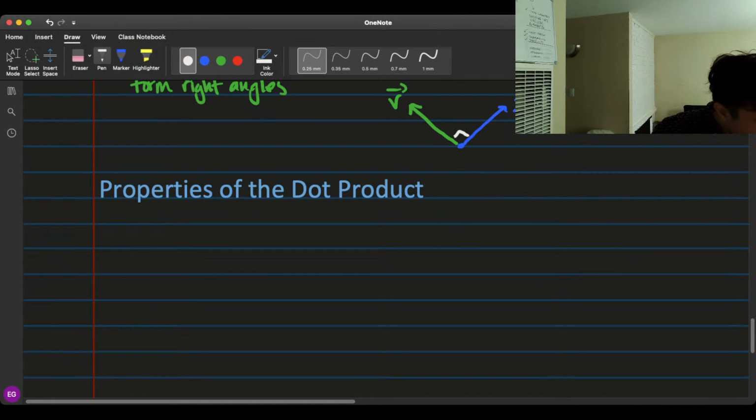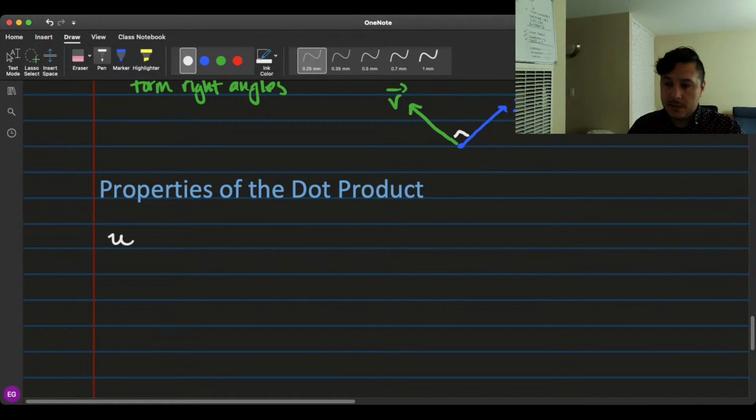For this example, we're going to use u and v.